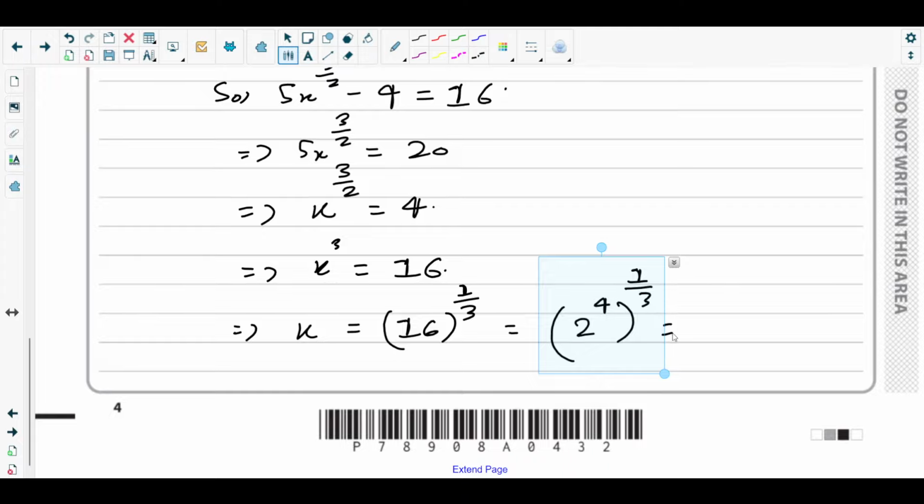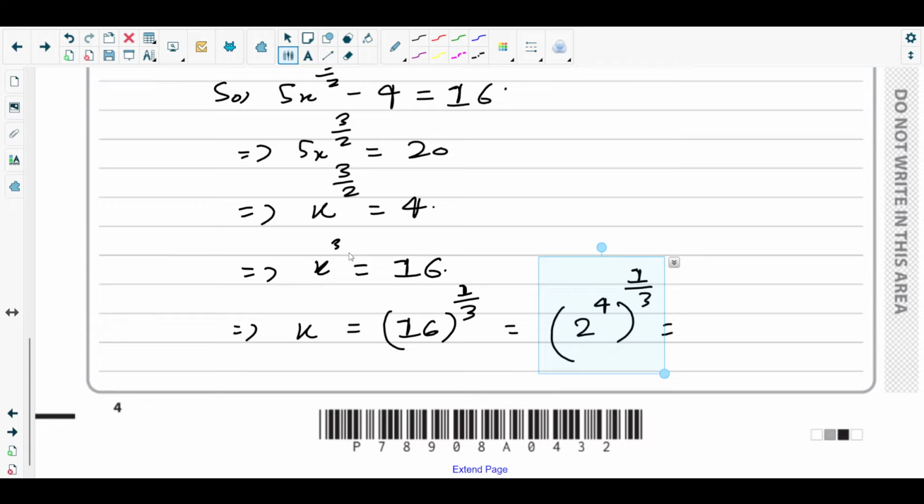We know from the laws of index that when a number with an index is inside a bracket, and the whole bracket has another index, then the two indices get multiplied.